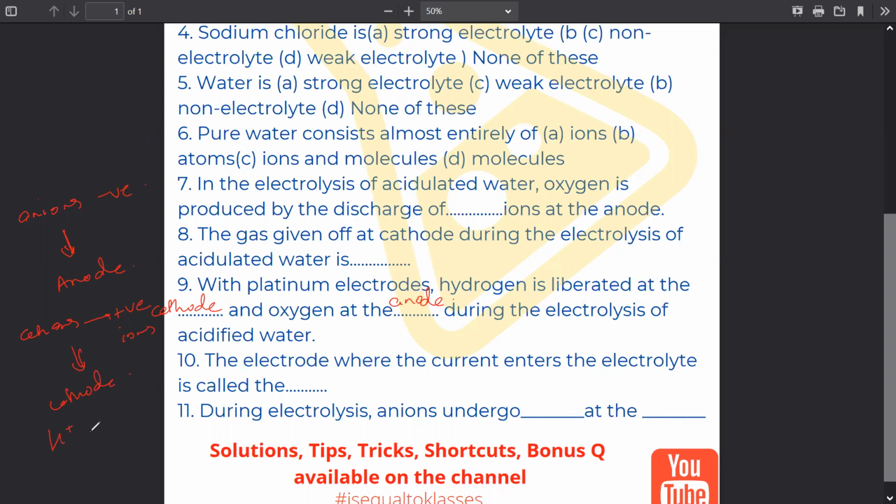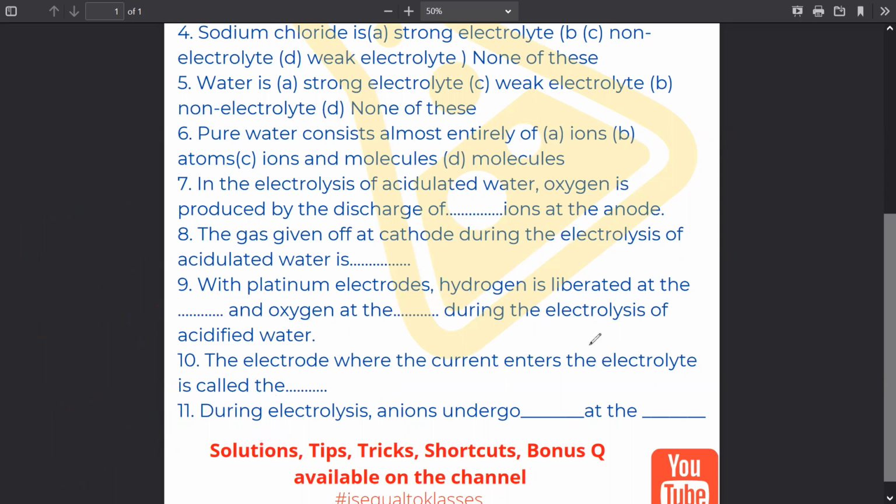So H plus is a cation, whereas OH minus is an anion. So OH minus will be liberated at the anode in the form of oxygen, and the H plus ion, which is a cation, will be liberated at the cathode in the form of hydrogen, or H2. So with platinum electrodes, hydrogen is liberated at the cathode and oxygen at the anode.